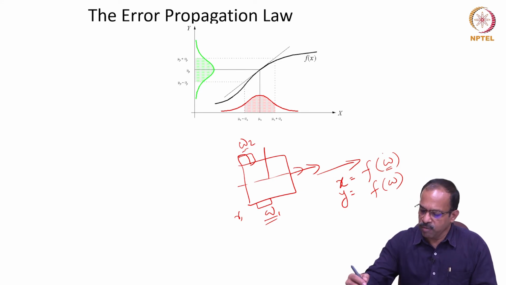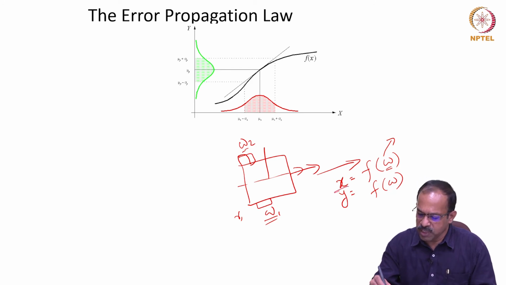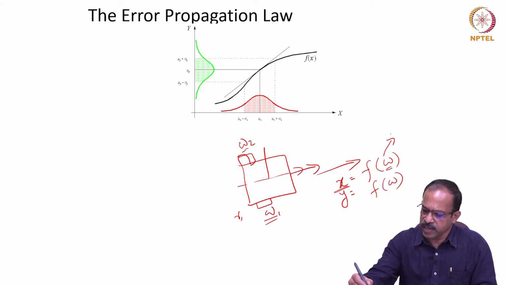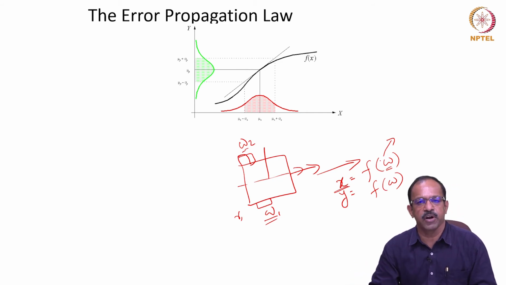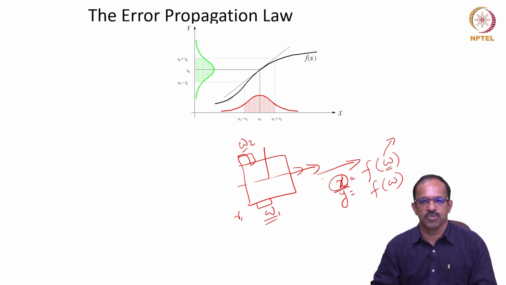Now, I have a sensor which actually measures this omega, and then I use that to estimate the position of x. Now, the question is, if there is an error in omega measurement, what will be the error in the estimated position x?